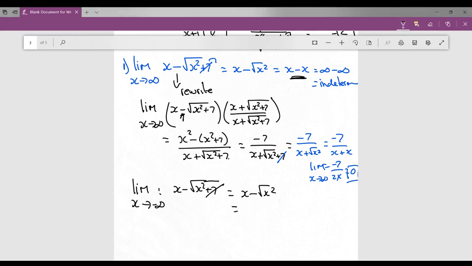But if you think about this one, putting in negative infinity, it's negative infinity minus the root of negative infinity squared. Negative infinity squared is infinity. The root of infinity is infinity, and negative infinity minus infinity is negative infinity.